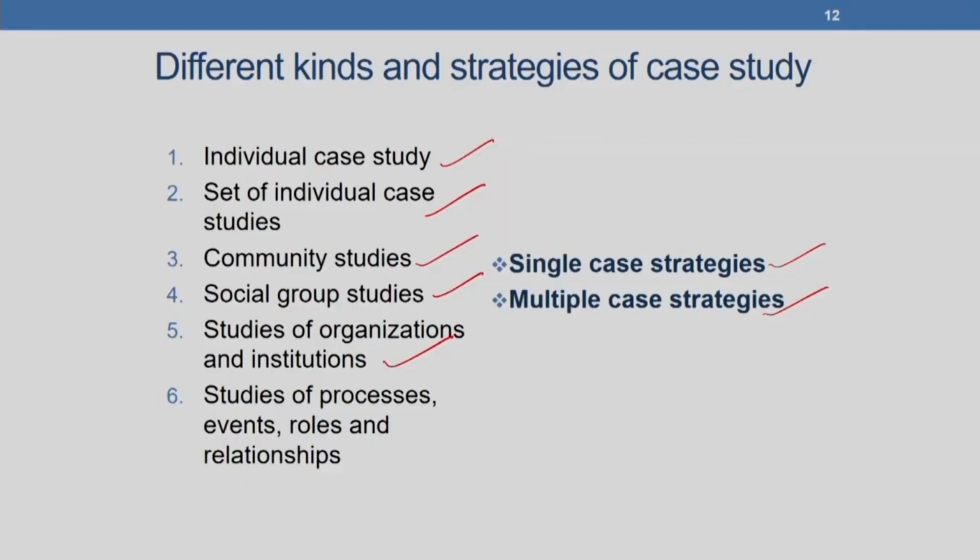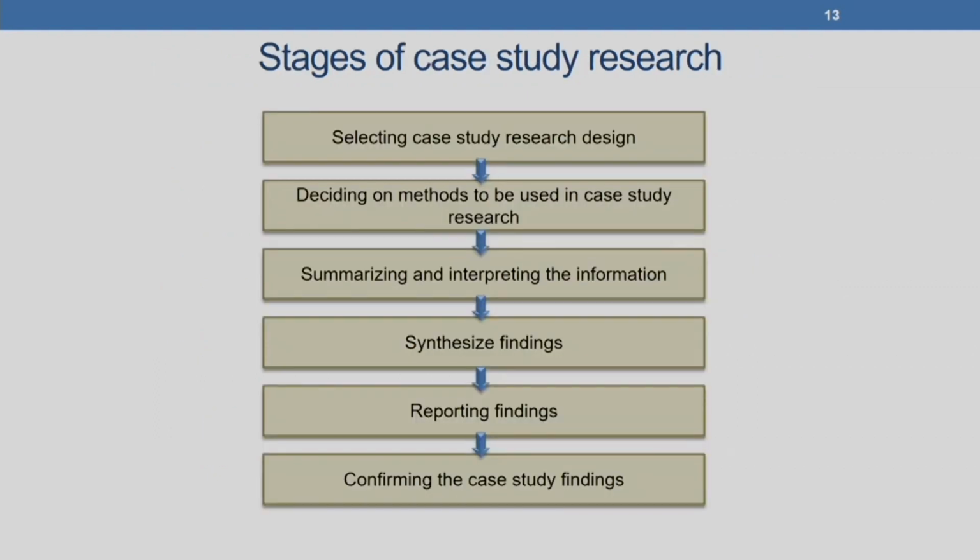Similarly, we can study processes, events, roles and relationships, of which we have taken examples in the beginning of this class. So, what are the stages of case study research?